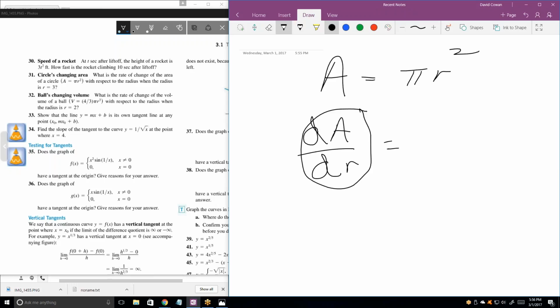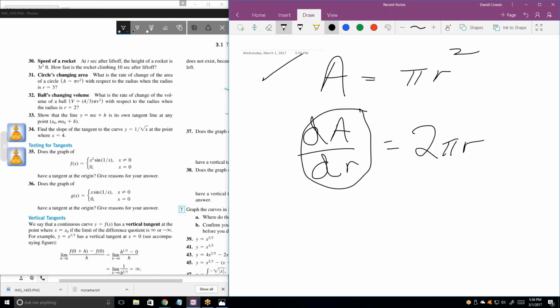Just take the first derivative of A. That's what dA dr is. First derivative. 2 pi r. That's it. Okay, now they want to know what is dA dr when r is 3. 6 pi.